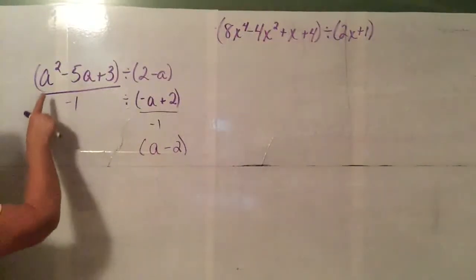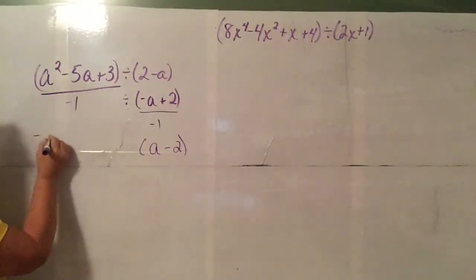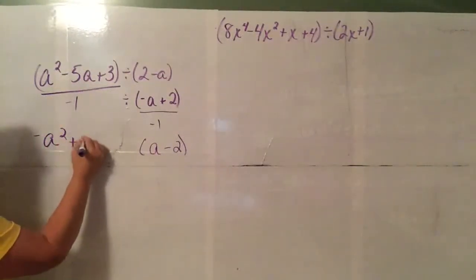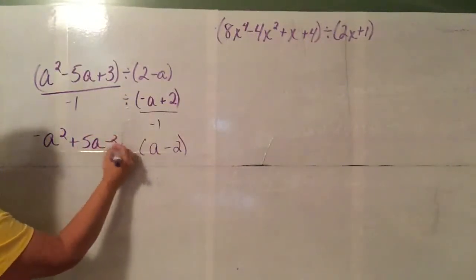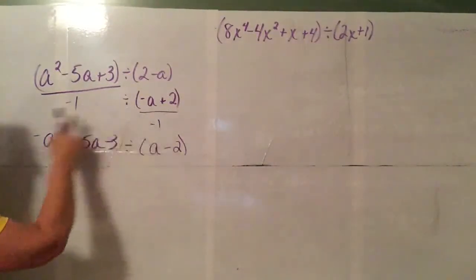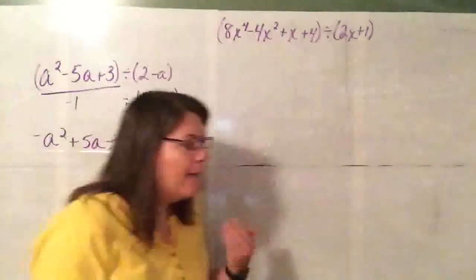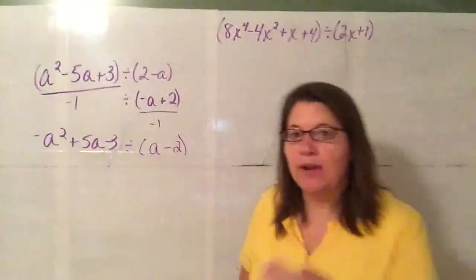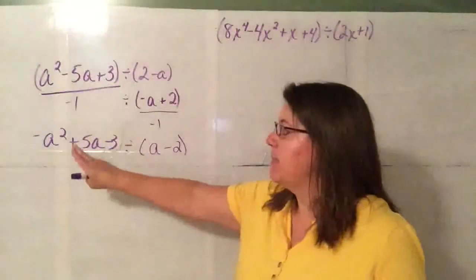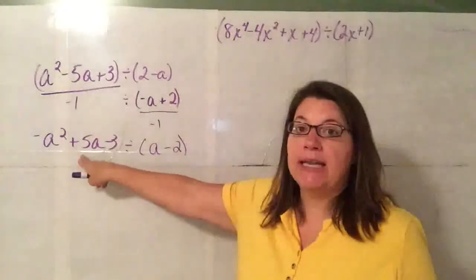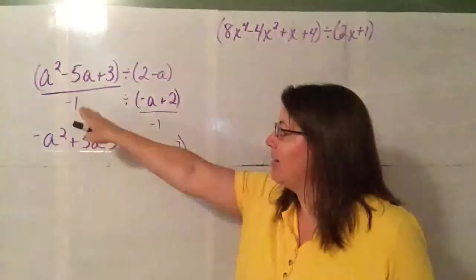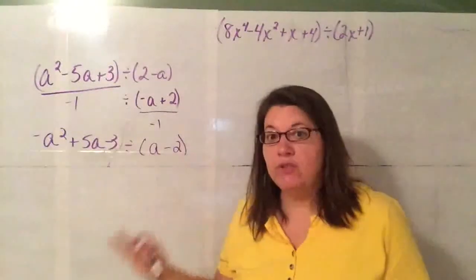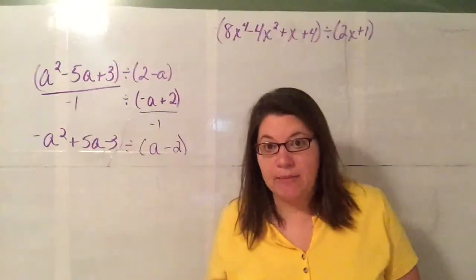Okay, so if I divide this, I have a -a squared plus 5a minus 3. And so now this is my new problem. Now my divisor is in the form of a variable minus a number, and my dividend, what I'm dividing into, has been divided by the same number, which is essentially multiplying by 1 or dividing by 1.